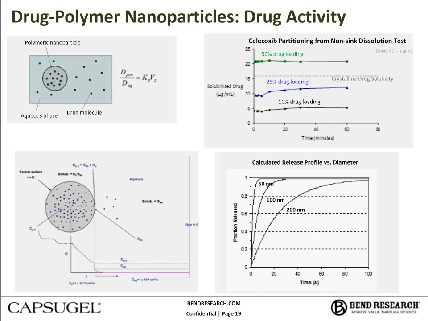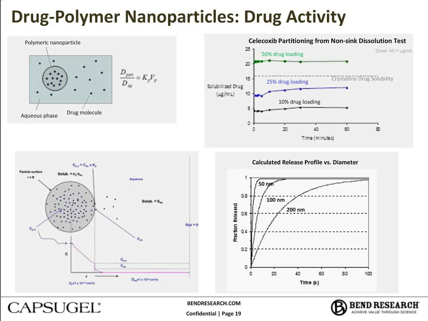The drug will have some solubility in each of the 2 phases, that is the polymer and the aqueous phase. And drug will come out of the polymer phase until the drug activity or concentration relative to solubility is the same in the polymer matrix and in the aqueous phase. So the higher the initial loading in the polymer, the higher the activity in the aqueous phase, as shown in the non-sink dissolution test here in the upper right of this slide.